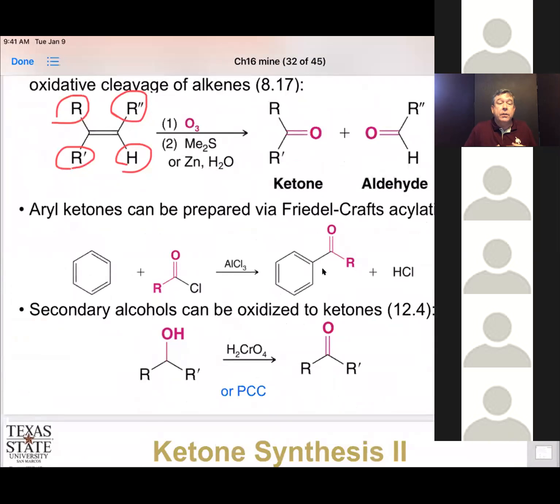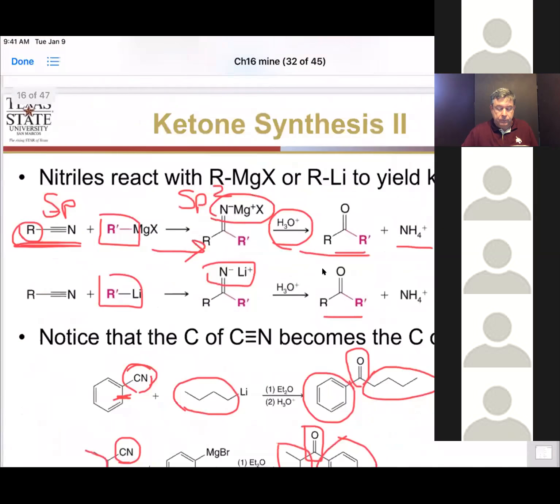You can also generate ketones through Friedel-Crafts acylation, and you can generate ketones through oxidation. Now, PCC will oxidize a secondary alcohol down to a ketone, but a stronger oxidizer can be used as well, like chromic acid or even permanganate. Okay.